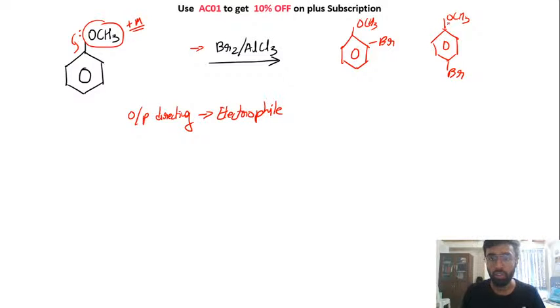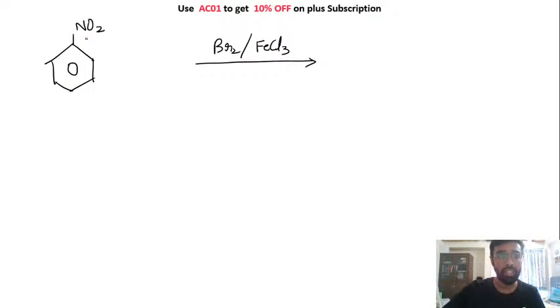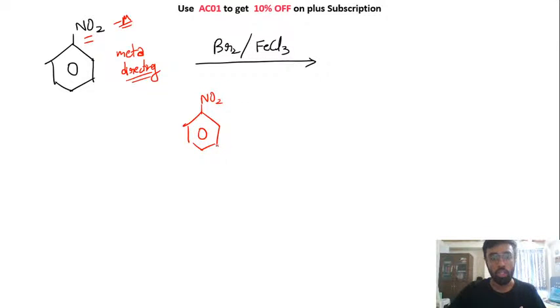I am just revising a few things that were very important that we discussed in our yesterday's session. Next thing is we have seen the case of NO2. This is a minus M group, right? It is a minus M group, so it is meta directing. We have seen the reaction mechanism of all of these reactions in our yesterday's session. In this case your bromine will be added on the meta position to this NO2 group, right? देखो, we are learning different ways in which you can have substitution at different positions, right?